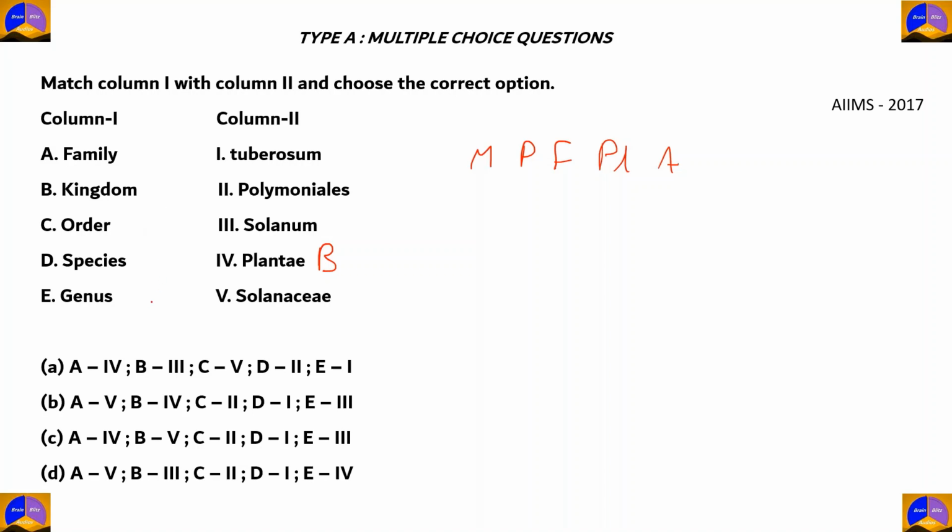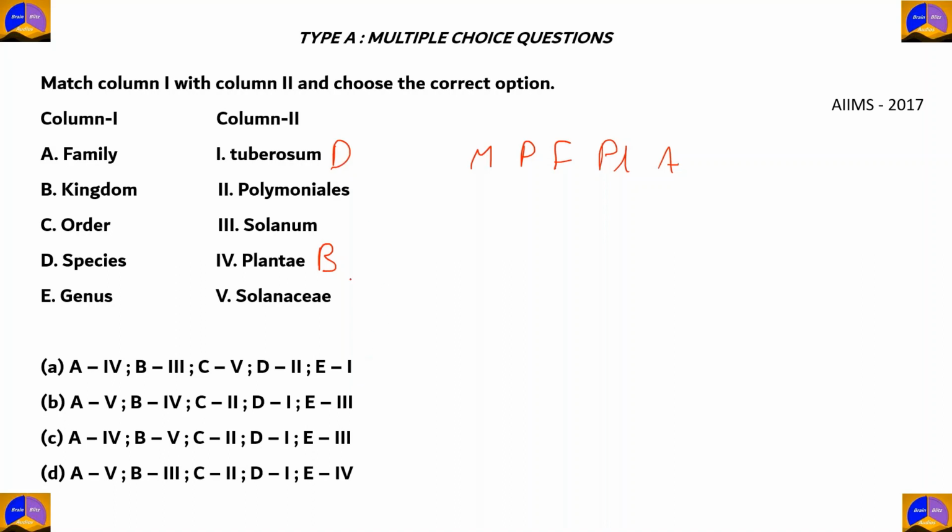Now, let's look at option D, species. Which of these is the name of a species? As you can see, the first option matches, so we write D. Now, let's look at our given options and find which of these would give us the correct answer.